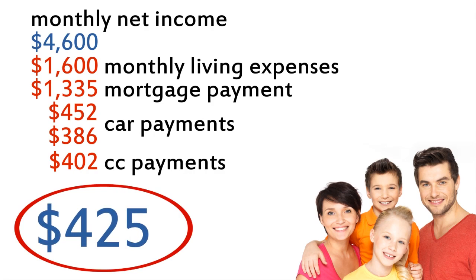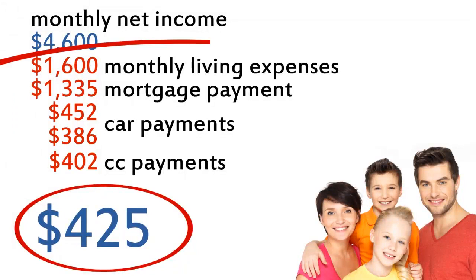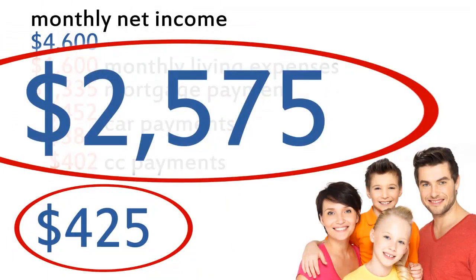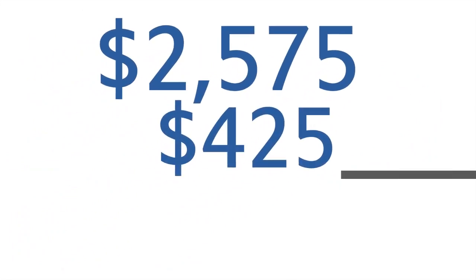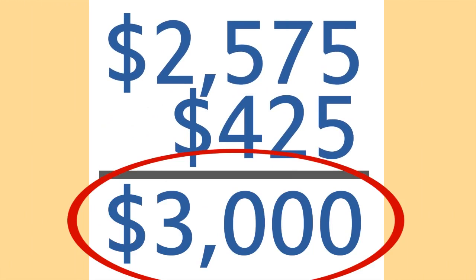And like we said before, most people would think that having this kind of positive cash flow would be fabulous. And well, it is, if you use it to eliminate all of these debt payments, the $2,575, because once those debt payments have been completely eliminated, the $2,575 plus the $425 totals $3,000 in total monthly positive cash flow.